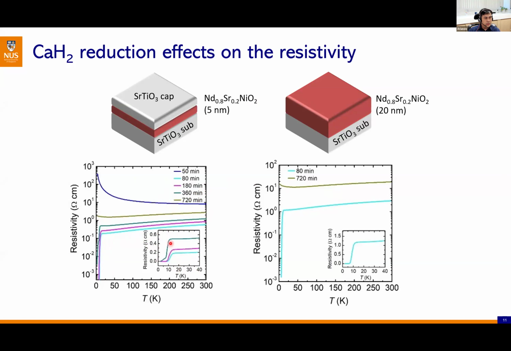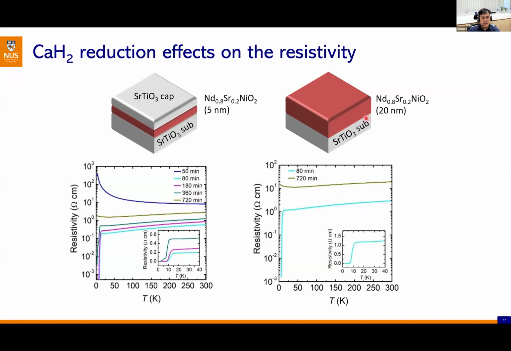And then as you over reduce your samples, the system shows the metal insulator transition again. The resistivity also decreases as you increase the reduction time from the under reduced to optimally reduced.